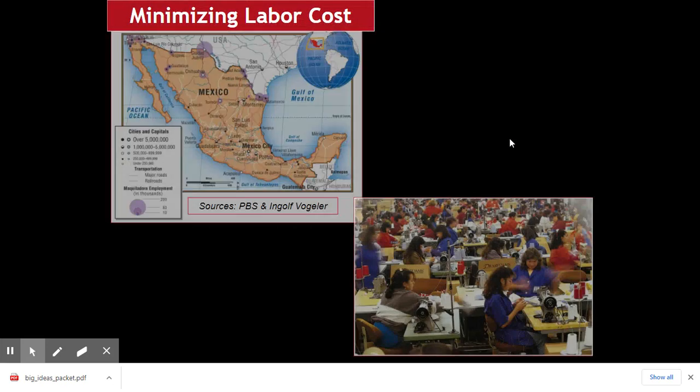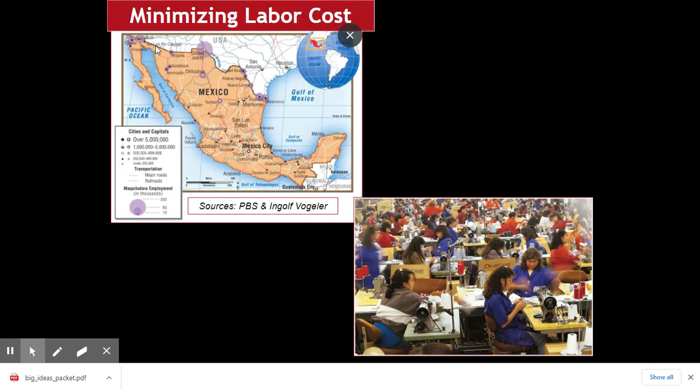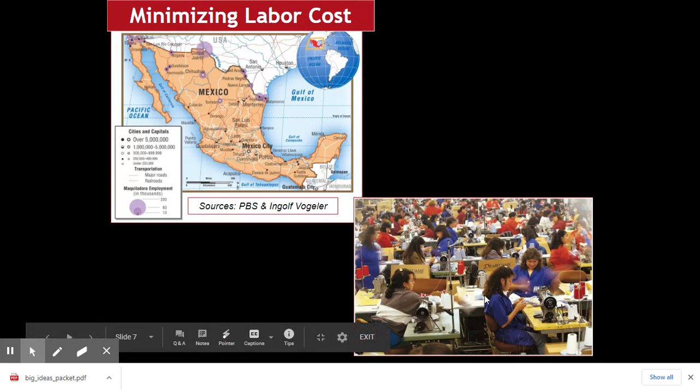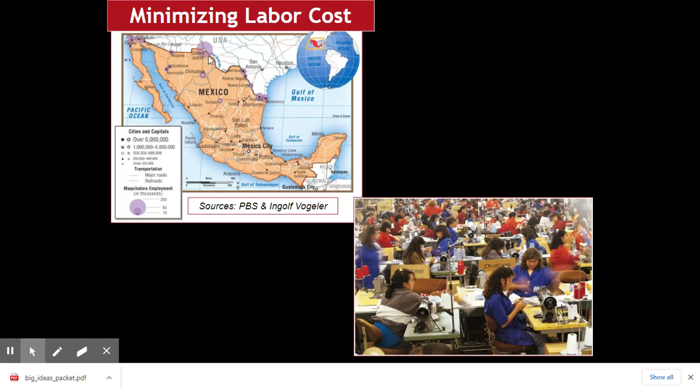A maquiladora, right along our border, is where we have these assembly factories. And we, as American business people, place our factories right over the border because we don't have to pay minimum wage.